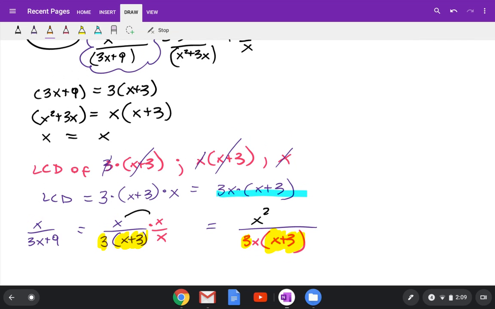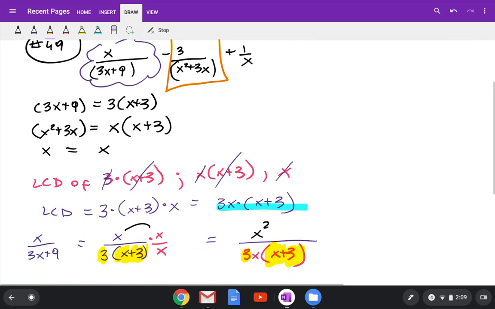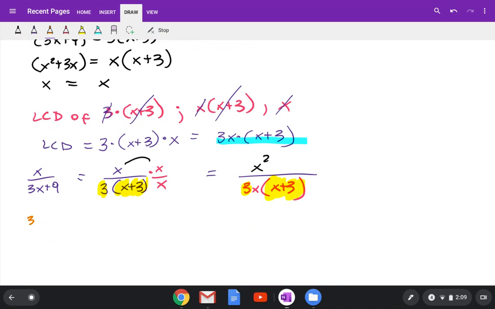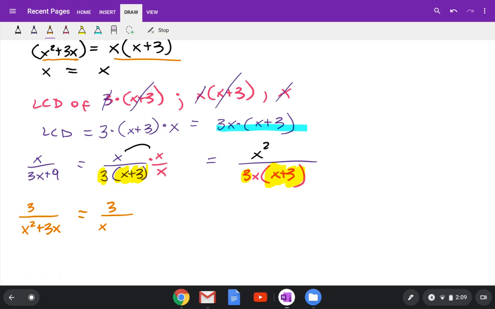And I will do that also with 3 over x squared plus 3x. So don't forget that we factored x squared plus 3x right here, and we end up with x times x plus 3. And now we're building an equivalent fraction, which has the new denominator as the LCD.